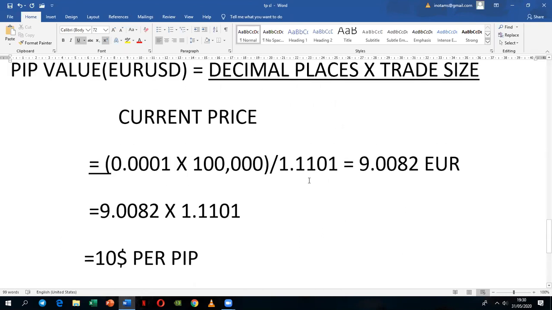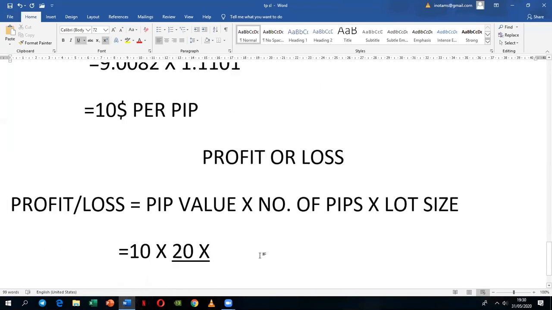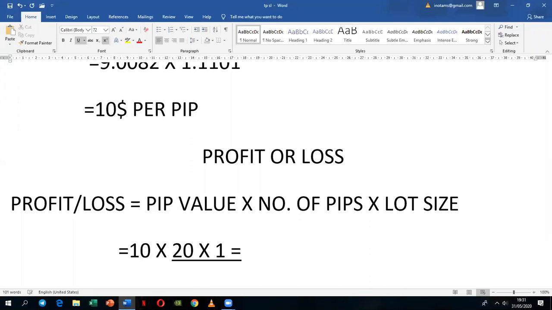In this case, one lot. So what's the answer you get here? This is very easy. You don't need a calculator for this. This is 200. Yeah, $200.